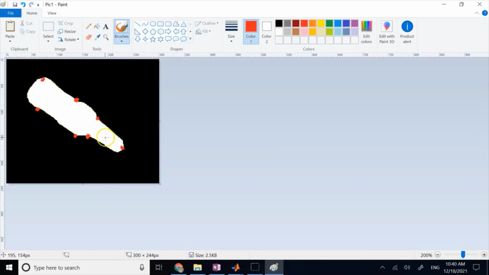But if I can always detect these points in whatever orientation of the blob that I want, and I can match them together, I say, well, I want, for example, this point to go to here. I want this point to, let's say, go to here. I want this point to go to here. I want this point to maybe stay in the same place. This point maybe come to here.